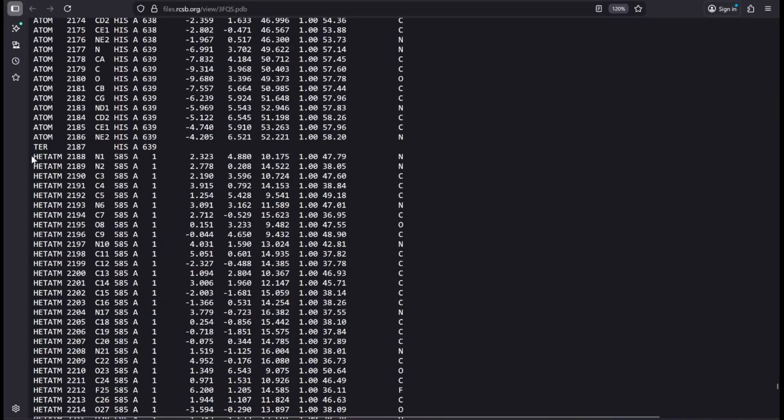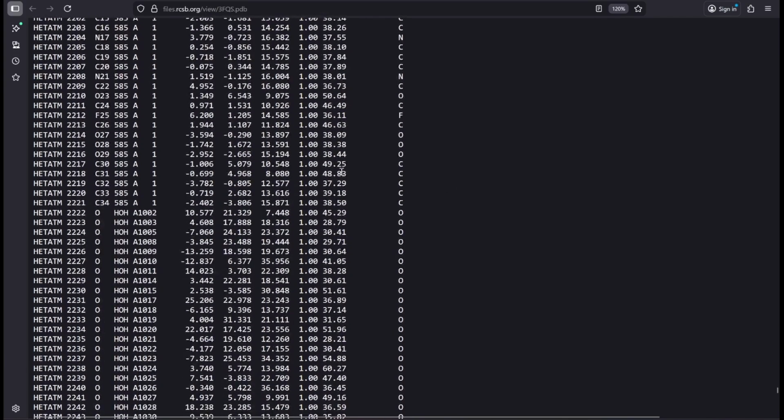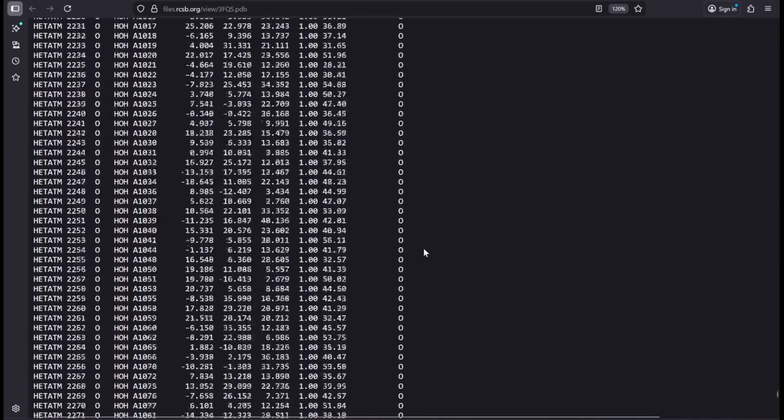Following that, you have the initiation of a HETATM or heteroatom. Heteroatoms usually indicate something that is not the standard amino acid atoms. In this particular case, this was a co-crystallized ligand molecule. And just after the end of this co-crystallized heteroatom, let's say the ligand, you will see that the crystallized waters also have their particular coordinates.